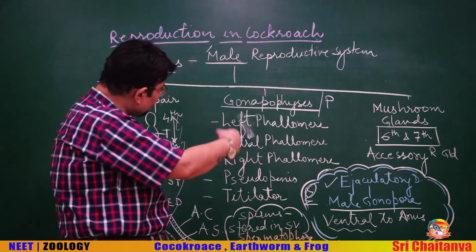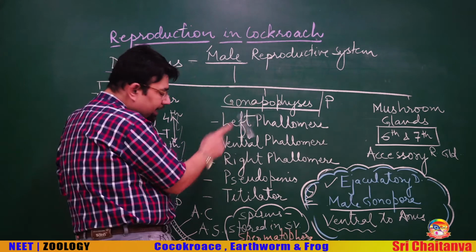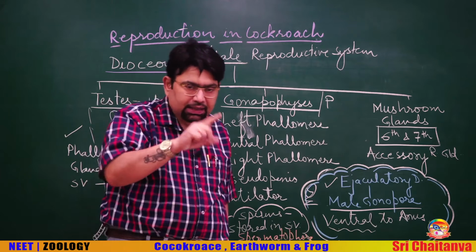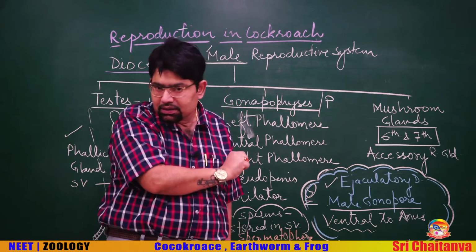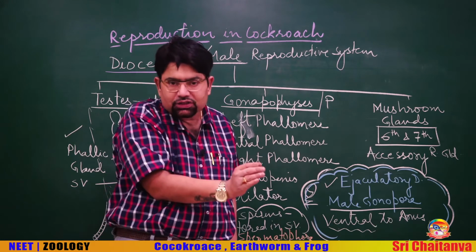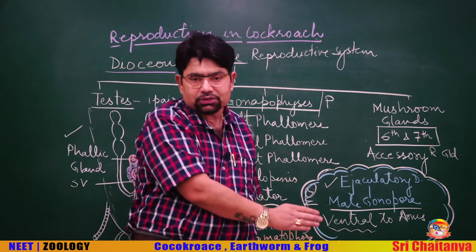The different phallomeres are the left phallomere, ventral phallomere, right phallomere, then there is a titillator, and then there is a pseudopenis. As you can understand from their very location and name, they help in copulation.